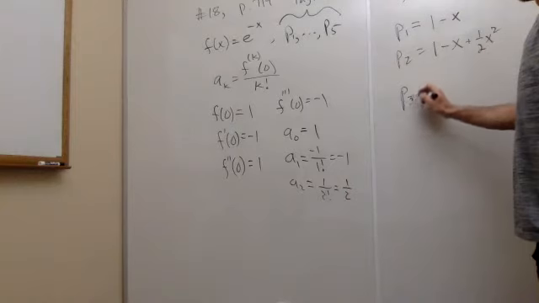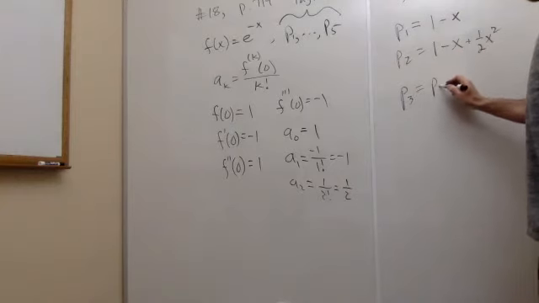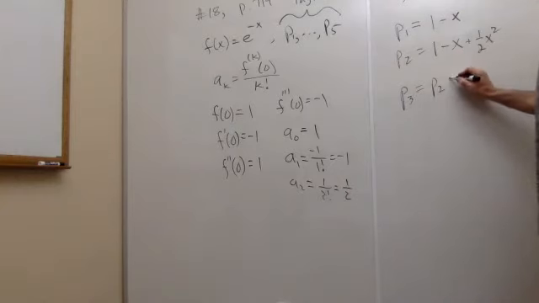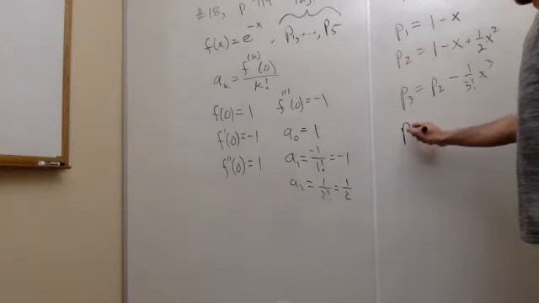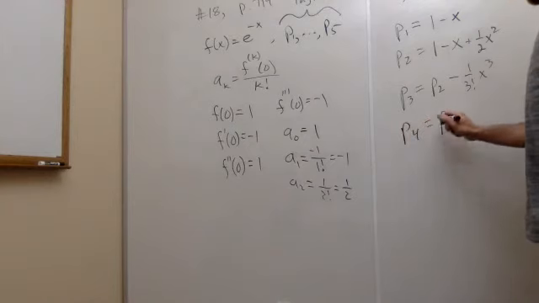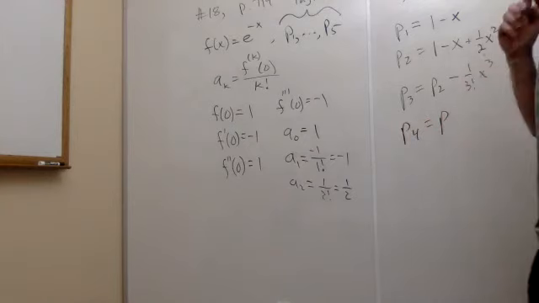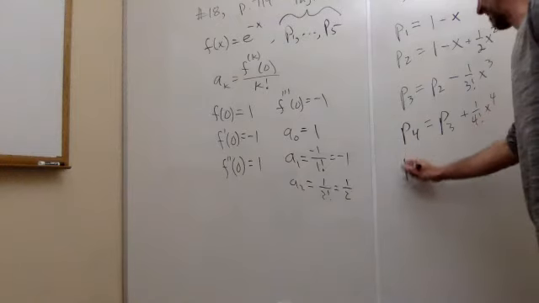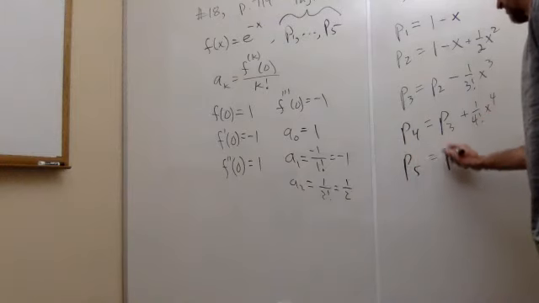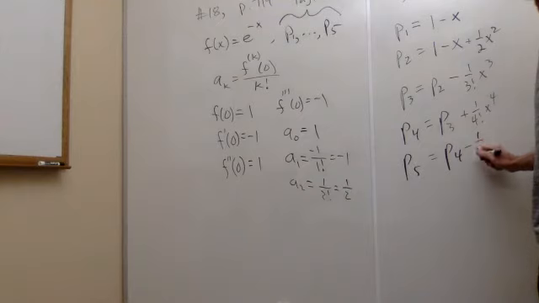P3 is equal to all of those, I'll just call it P2, and the next term shows up, which is minus 1 over 3 factorial, x cubed. P4 is all of those, and then we'll add in 1 over 4 factorial x to the 4th. And finally, P5 is P4 minus 1 over 5 factorial x to the 5th.